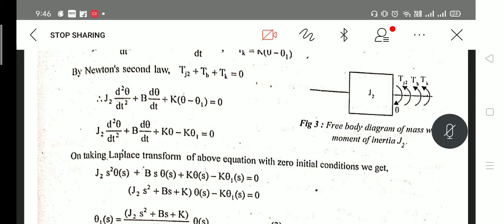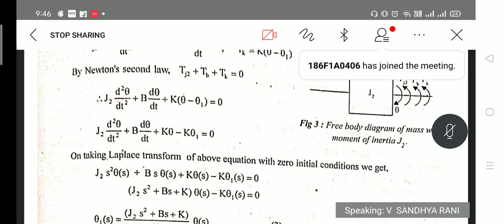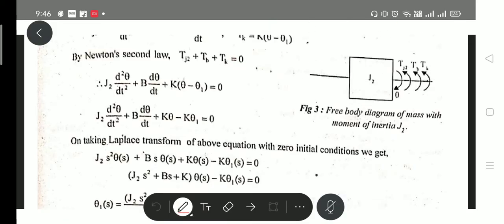So here Tj2, we already know the formula: j2 into d square theta by dt square, plus Tb, which is b into d theta by dt, plus Tk. Tk is k into theta minus theta 1.